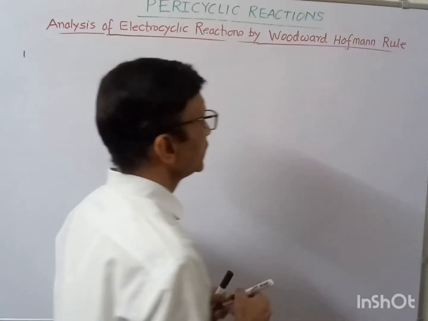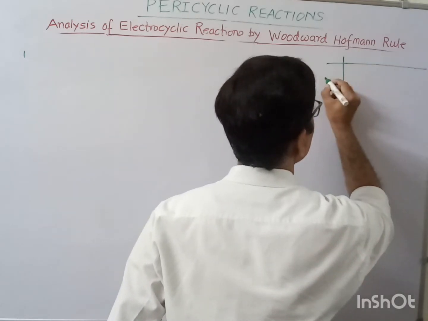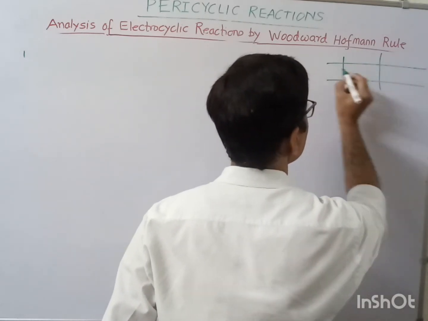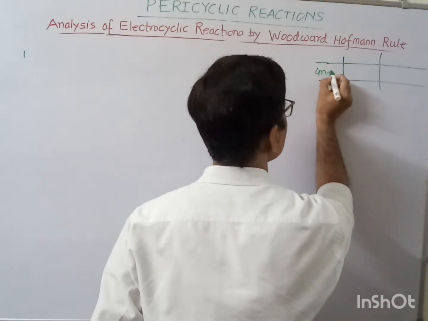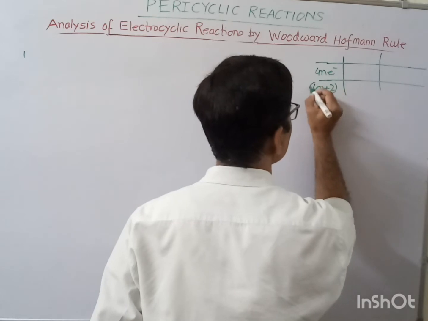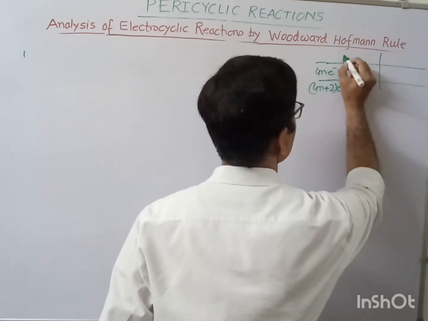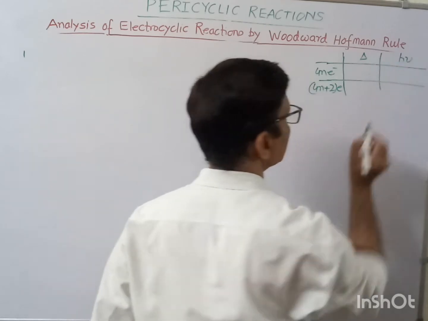Already I have told you the selection rule for electrocyclic reactions. There are two types of electrocyclic reactions, 4n electron systems and 4n plus 2 electron systems. They can be analyzed under thermal condition or under photochemical condition.